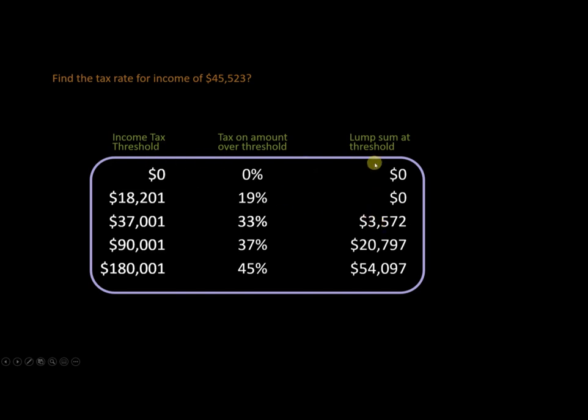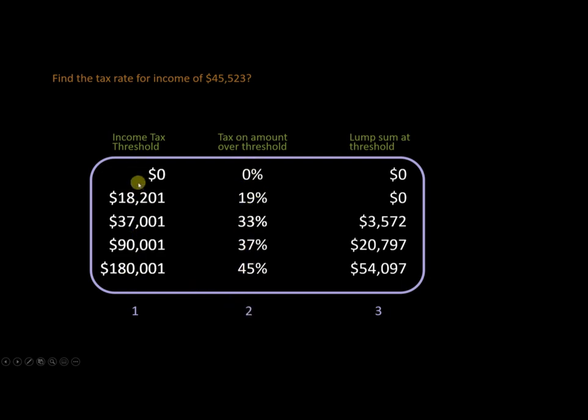How many columns are in this array? There's 1, 2, 3. We're only looking for the tax rate, which means column 2 will be our return value, and column 1 is always the search column for our lookup value.